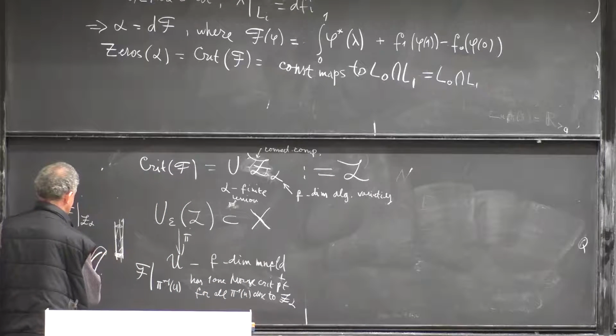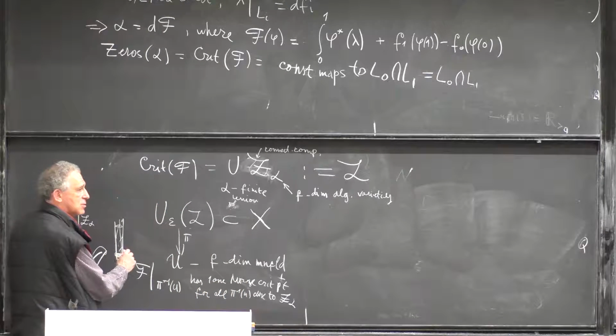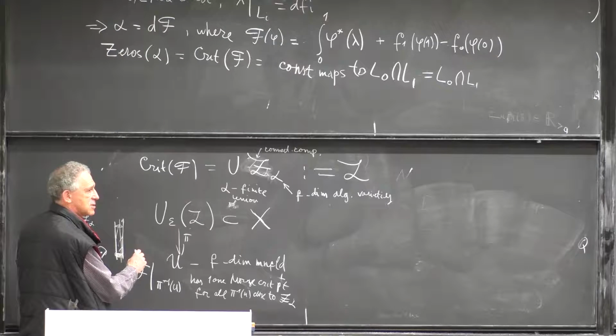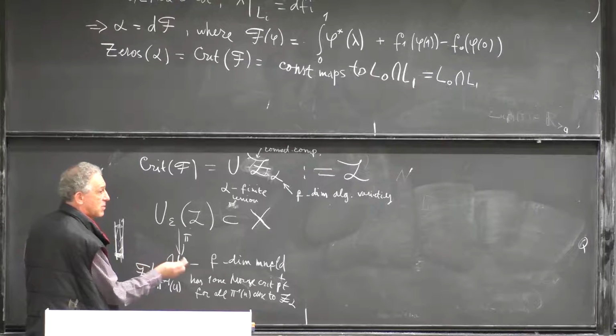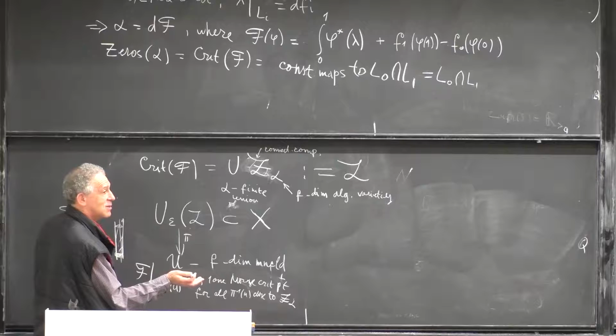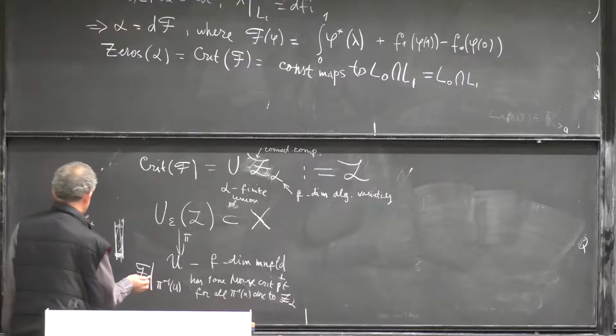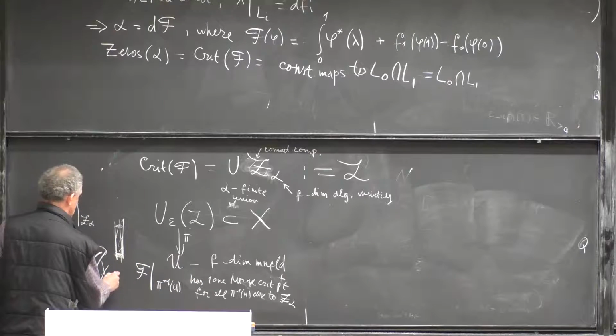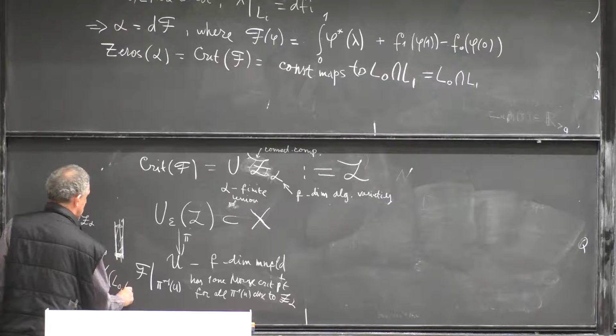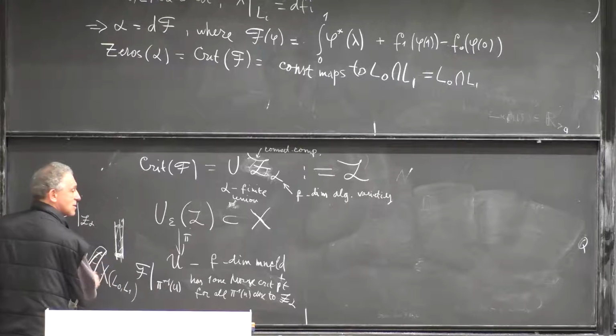But for the rest, this is the intersection of two Lagrangians, which is kind of compact, maybe even compact, but not necessarily finite. And you consider its neighborhood in the infinite dimensional space.